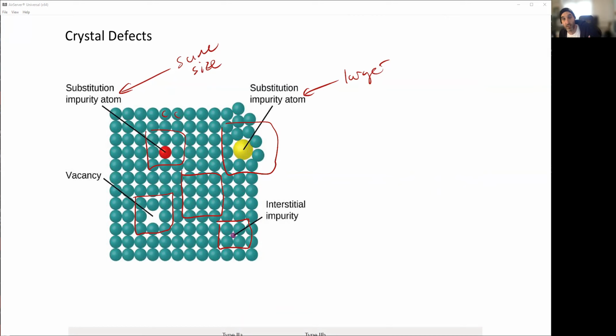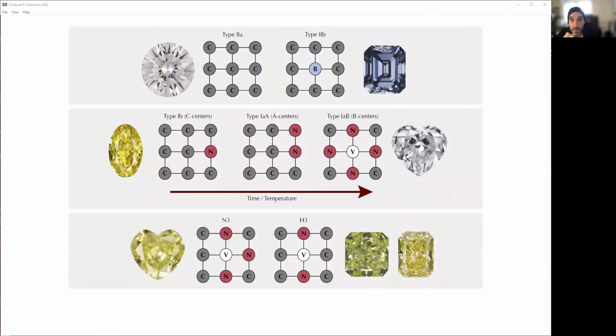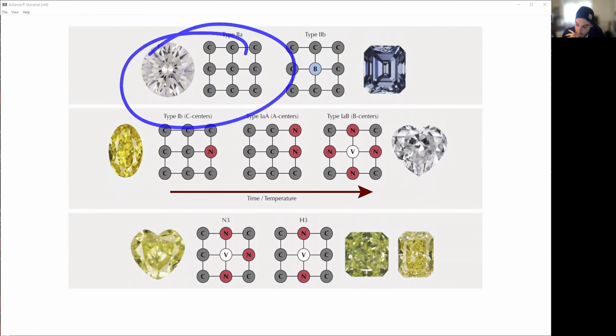So by changing crystal structures, by substituting, adding bigger, adding smaller, adding stuff that fits in between, removing them completely, we have completely different shapes. Interestingly, here are a bunch of synthetic diamonds. You see the very first one, this is the original, everything is exactly where it should be.